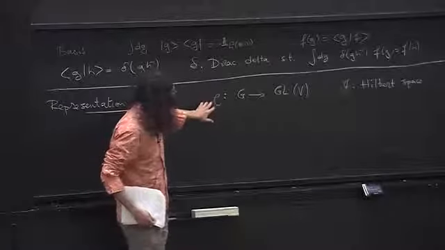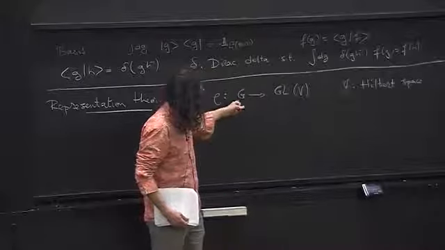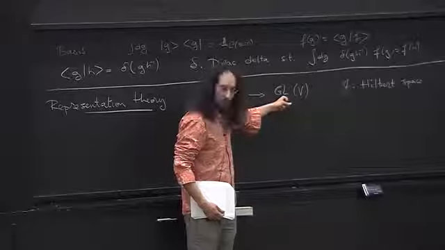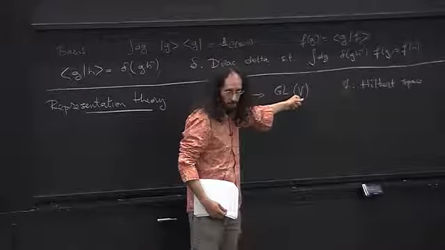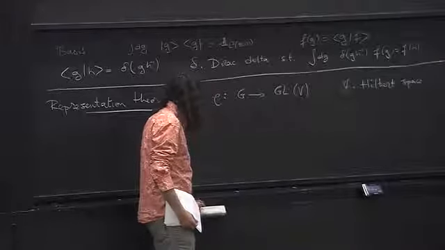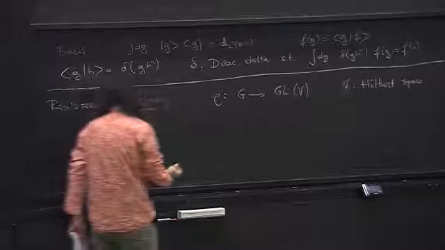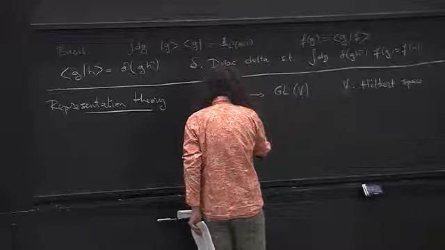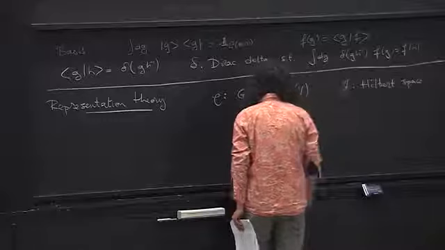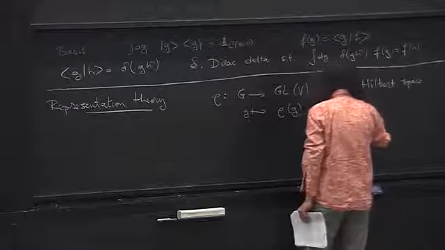So rho is a representation of G on the Hilbert space V, which means that for each group element G, you get a linear transformation rho of G that acts on V.